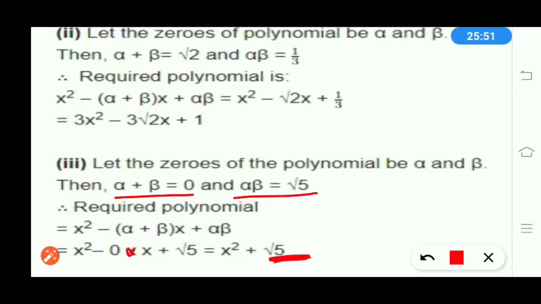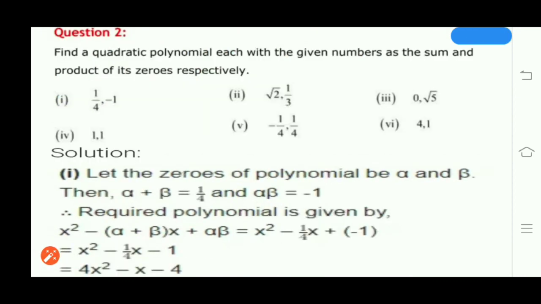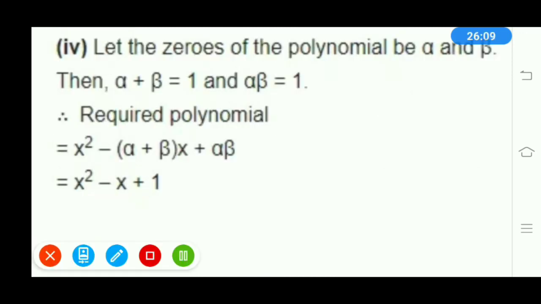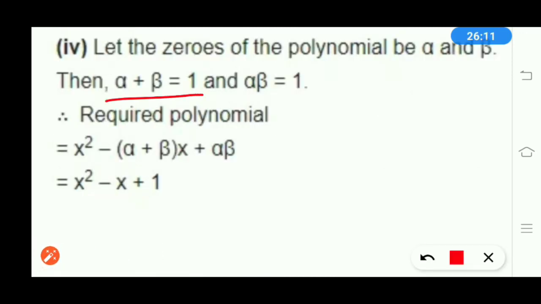Okay, next, Roman number 4 of question number 2. Here alpha plus beta equals 1 and alpha beta is also 1.